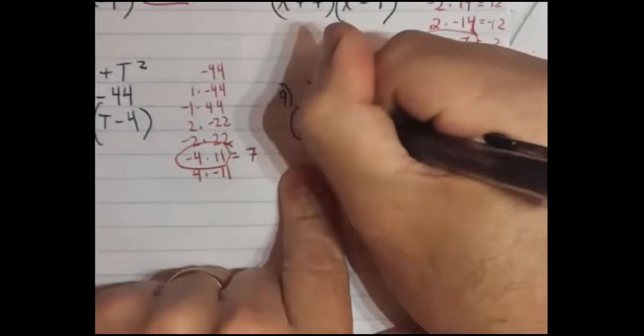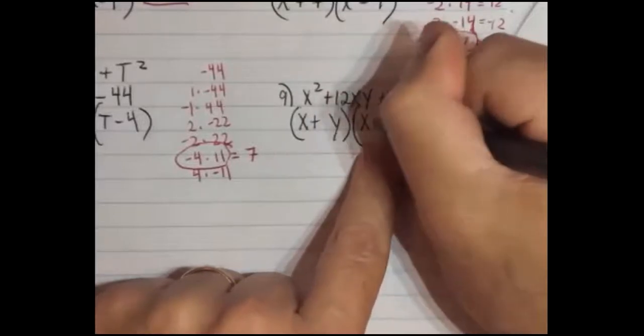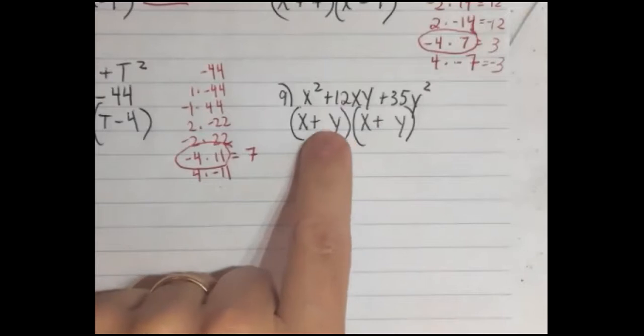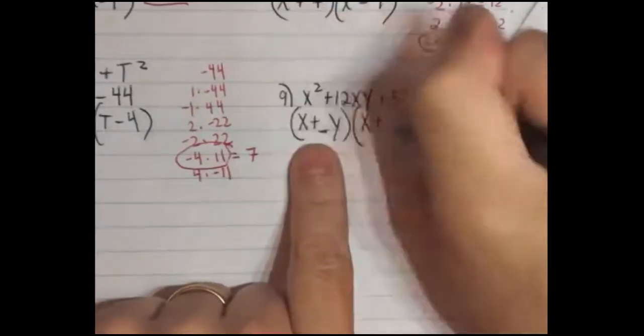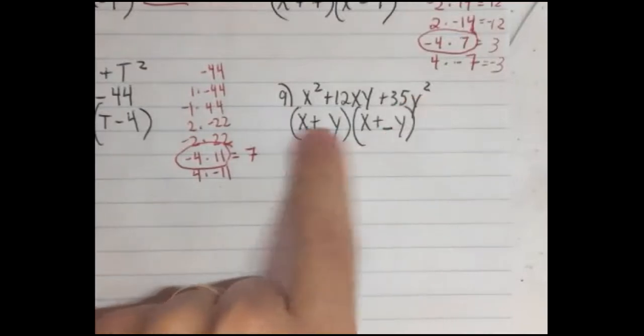All that means is when I set this up, it's going to be x plus some number times y, and x plus some number times y. So we've got to find the numbers that go in here. That's how we're getting the y squared, and that's how we're getting the x squared.